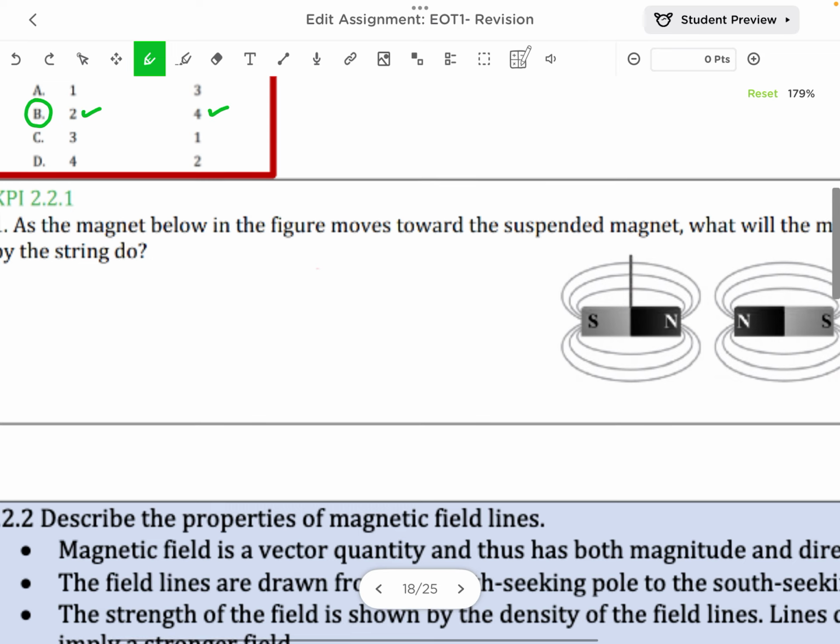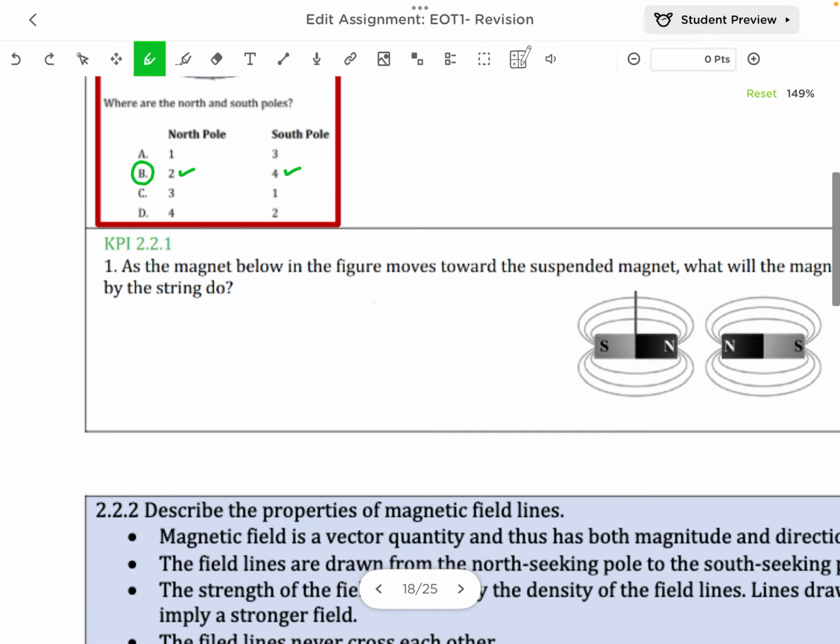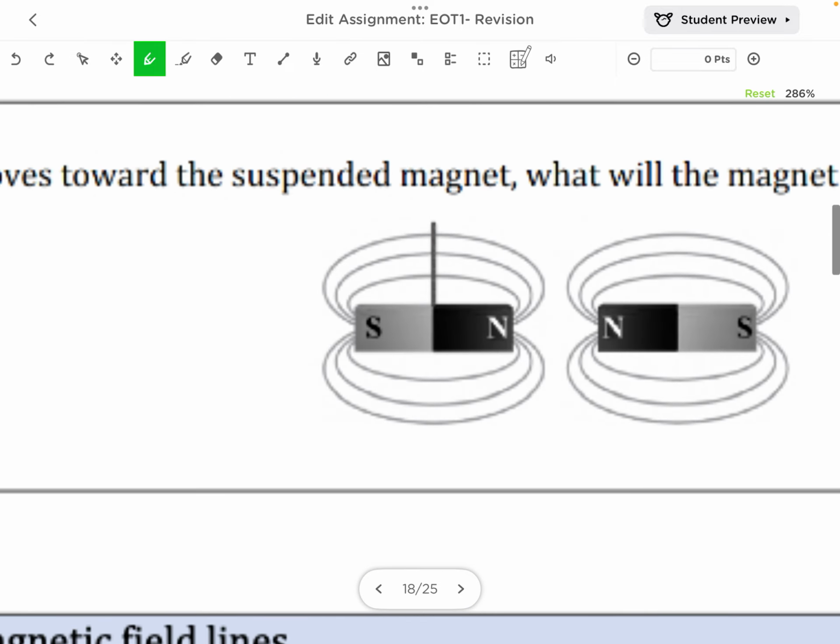As the magnet below in the figure moves toward the suspended magnet, what will the magnet suspended by the string do? I can see that this one is fixed, and this one is suspended. Same pole, north with north, they repel.